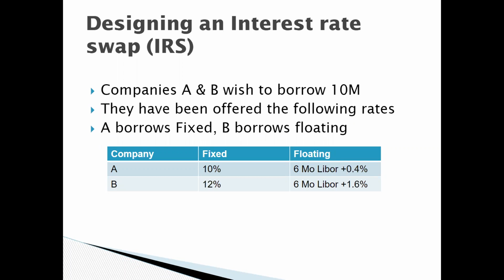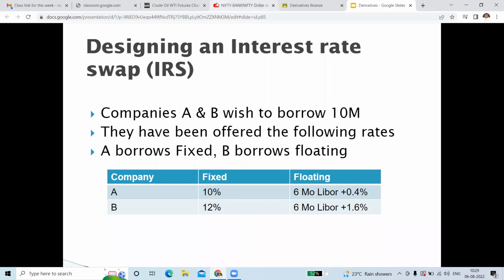If B were to borrow in fixed and A were to borrow in floating. Is that understandable? Yes. So you have to first read the sum and figure out who's borrowing in fixed and who's borrowing in floating. Okay, now let me look and see.